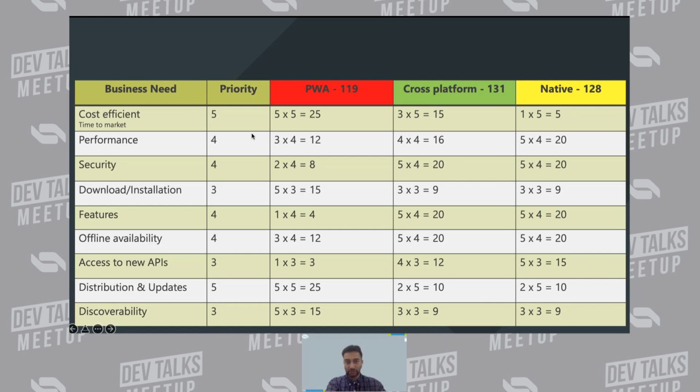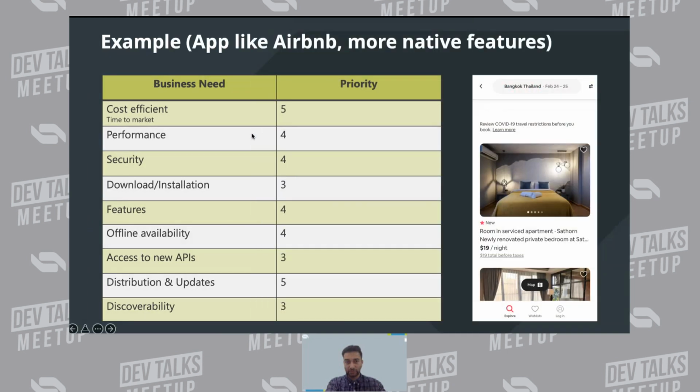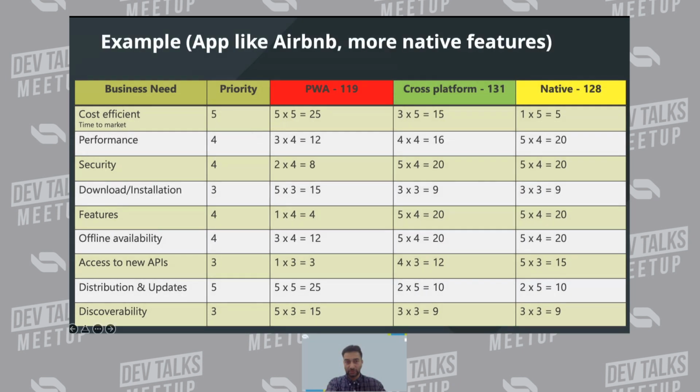So we can just put these values in our metrics, and we can see that in this case, where our Airbnb app now needs more native features, needs to feel more like a native app, and needs more hardware-level controls, PWAs don't make much sense, as they are rated lowest in this case.